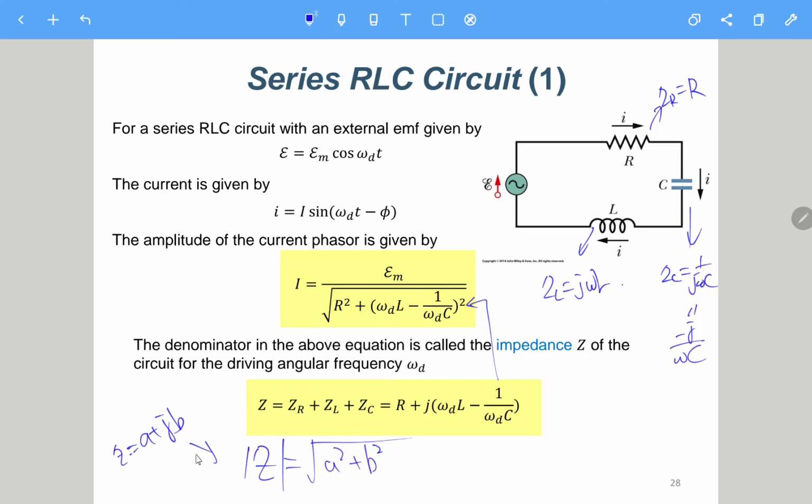You take the square of the real part plus the square of the imaginary part, add them together and take the square root. So here this is R squared, and then this term, omega_d L minus 1 over omega_d C, quantity squared, and then take the square root. So you can see why this equation looks like that.